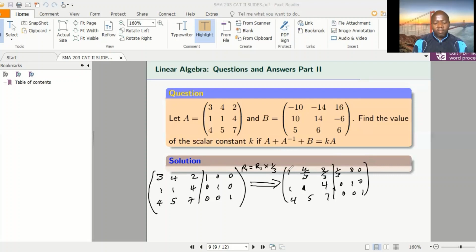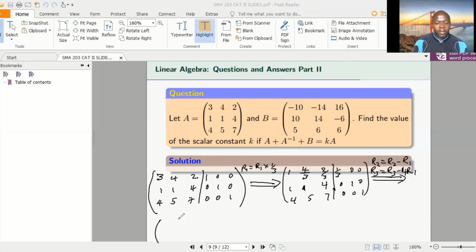Now I want to use this one to create a 0 in this position and a 0 in this position. So for row 2, I want the original row 2 minus row 1. And for row 3, I want the original row 3 minus 4 row 1. Let me just write what I get.